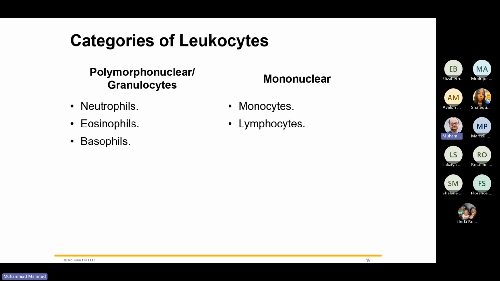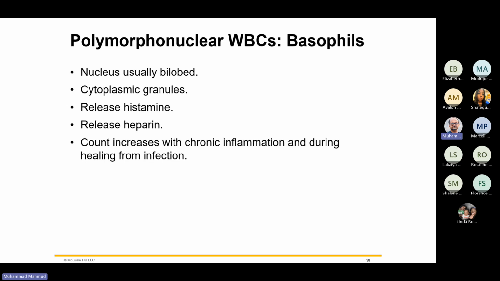When there is chronic inflammation and during healing from infection, these numbers will increase. Monocytes, the largest type of white cell, have a kidney-shaped nucleus, perform phagocytosis, and with chronic infection, these numbers will rise as well.